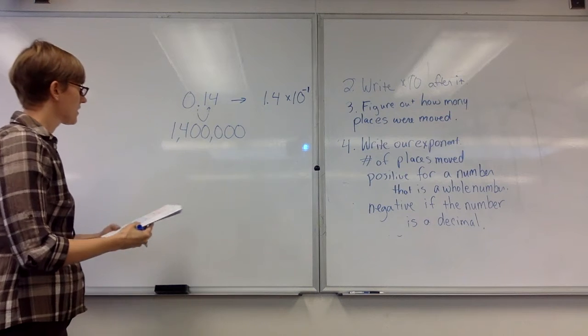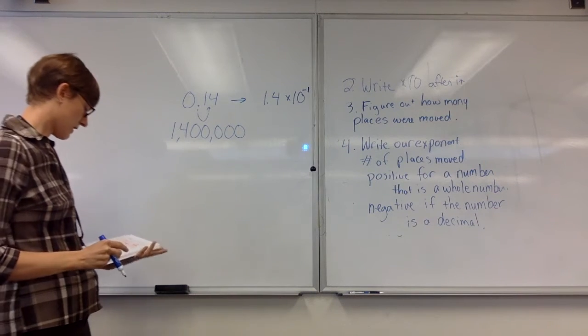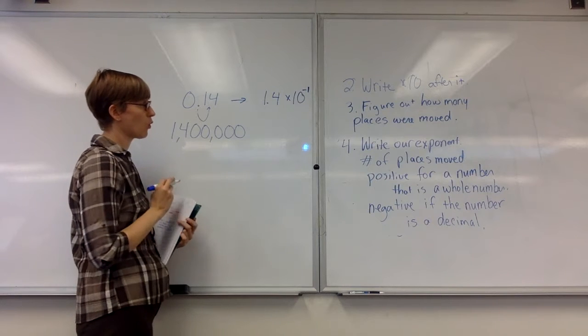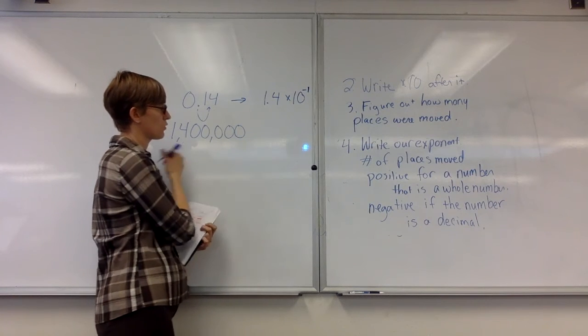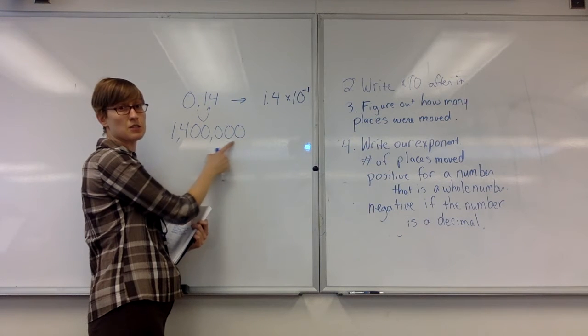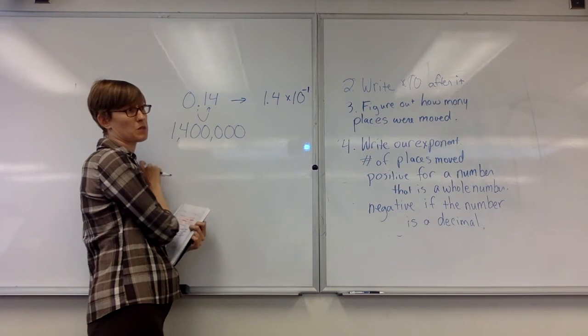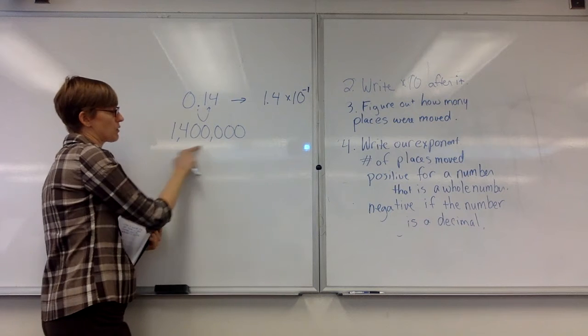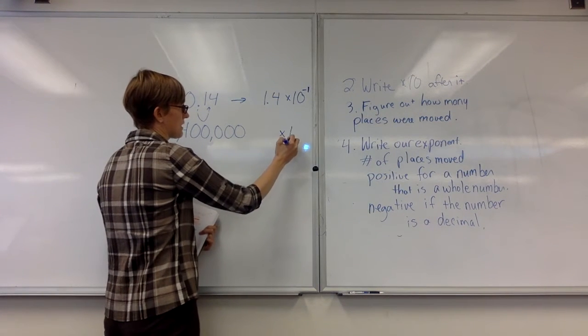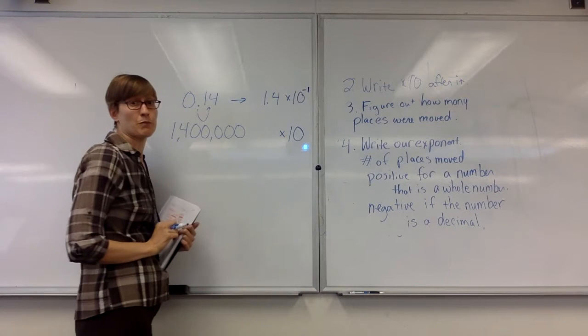Okay. So 1,400,000. This is a number that's a whole number, right? Only a whole number. And even if this had a decimal part, it's still greater than 1. So I'm going to make sure it has a positive exponent. So I know it's going to be times 10 to some positive number.